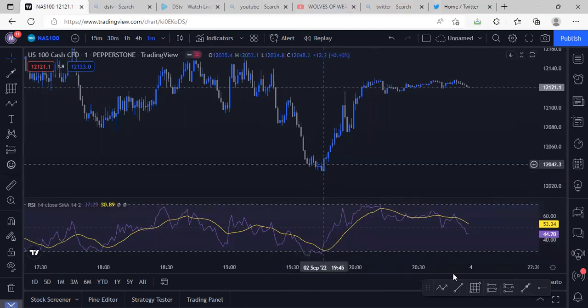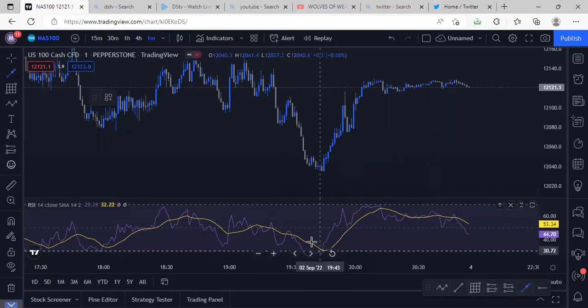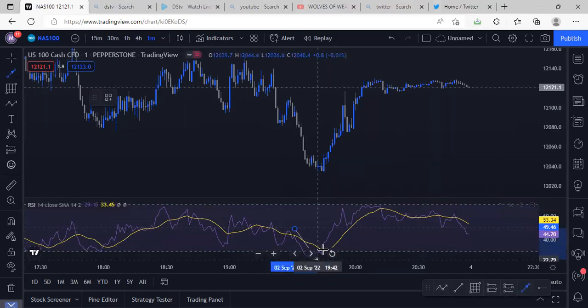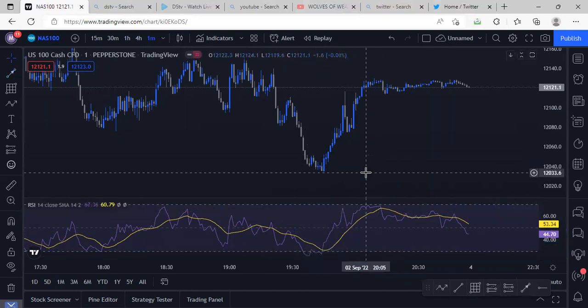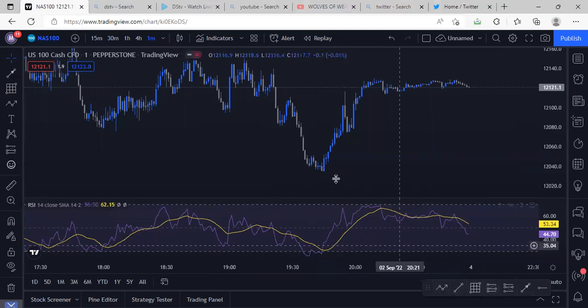As you can see right here, we have an RSI which is at 30. As soon as the RSI is at 30, then okay, I'm going to look for a buy.